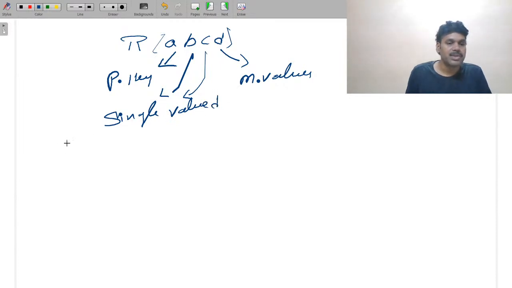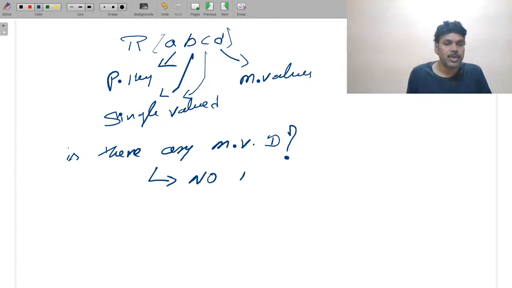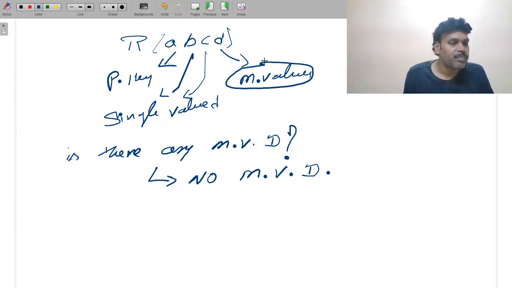Now our question is, is there any MVD? Again we confirm, no multi-value dependency in this. Why? You have only one multi-value attribute.